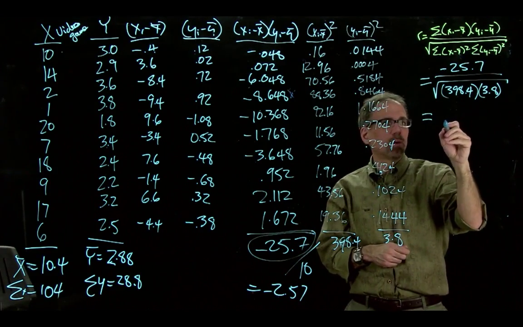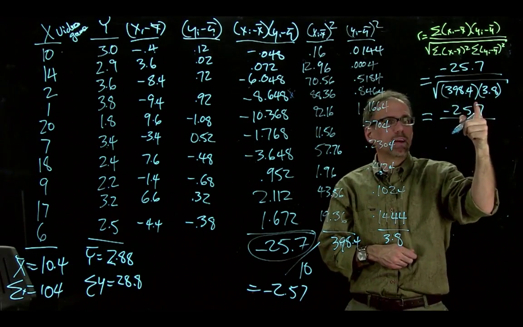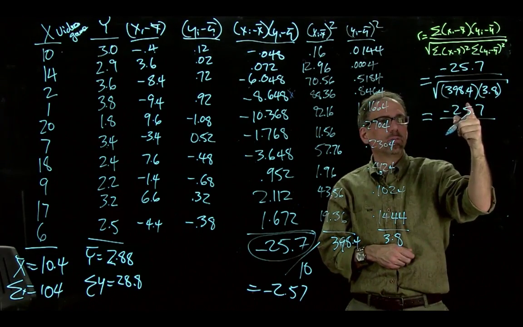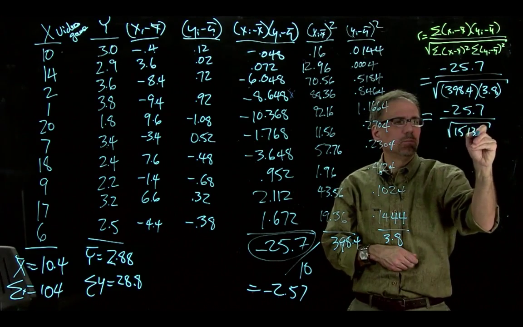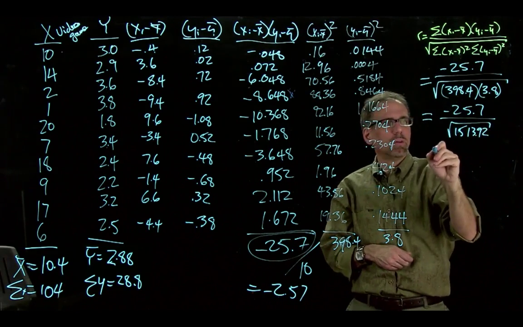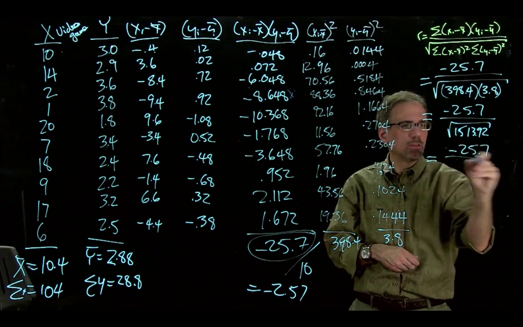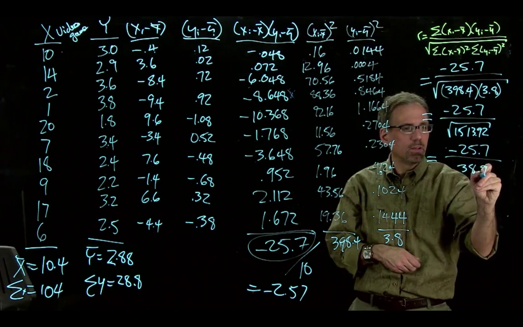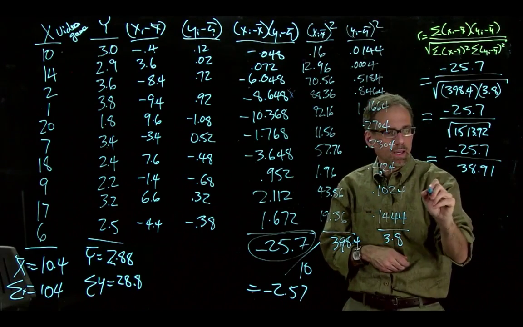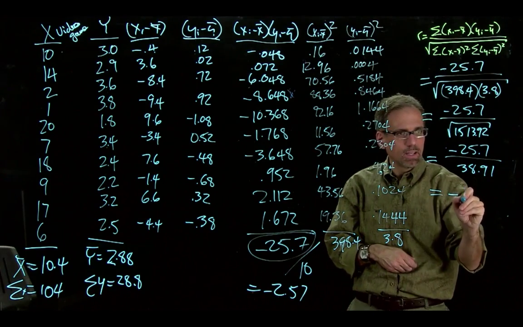The bottom part, so negative 25.7 divided by that thing down there is, if I multiply that out, the square root of 13.92. Still have 25.7 on the top. The square root of that is 38.91. Okay, and so the final value, if I divide that, is negative 0.66.